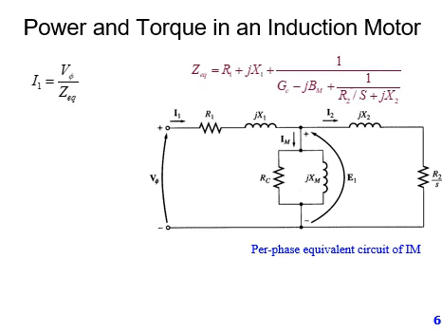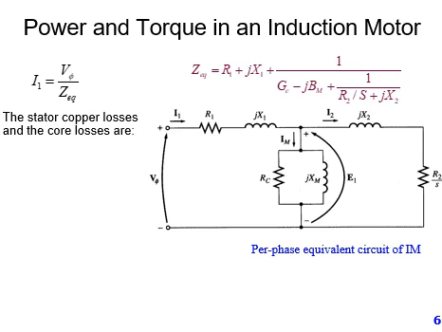Now we see that I is equal to voltage over equivalent impedance. From the circuit, the equivalent impedance is given by the equation written in purple color.